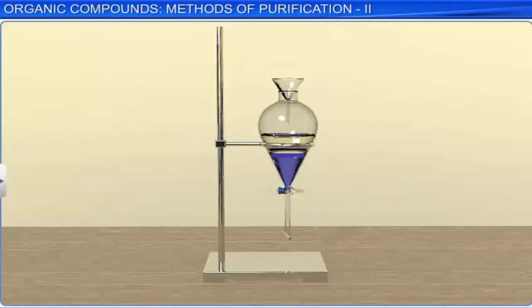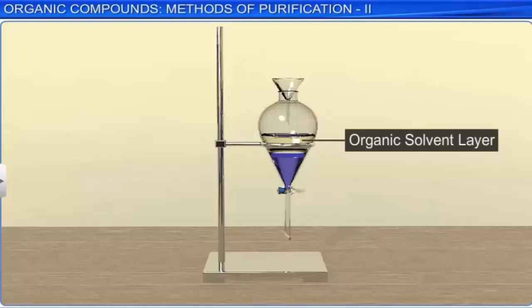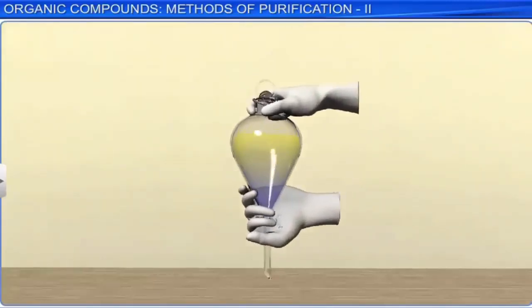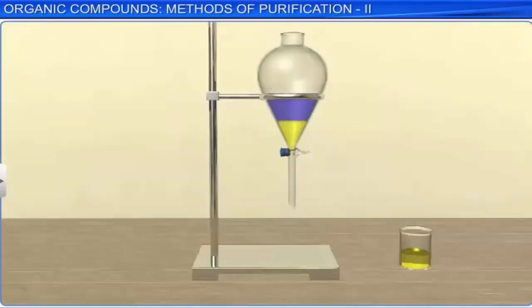In this method, the aqueous solution of the compound to be extracted is taken in the separating funnel. Then, a suitable organic solvent is added to the funnel. Next, the funnel is shaken for some time and then it is allowed to stand for some time. On standing, the organic compound and the solvent form two separate layers in the funnel.